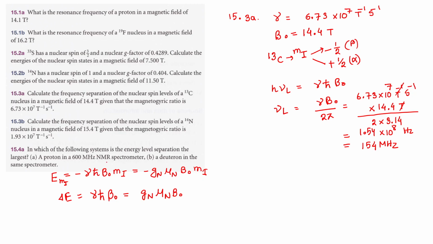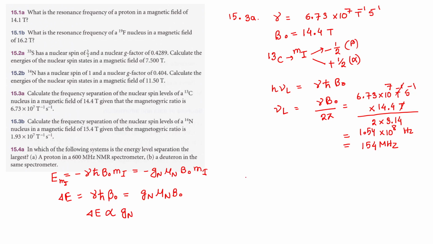For a 600 megahertz NMR spectrometer, it has a specific B0 that is already defined. But what is not defined is that your mu n is obviously going to be the same for a proton and deuterium. So the energy gap is going to depend on the G factors. Or if you want to discuss that in terms of gyromagnetic ratio, then your delta E is going to be dependent on your gyromagnetic ratio.